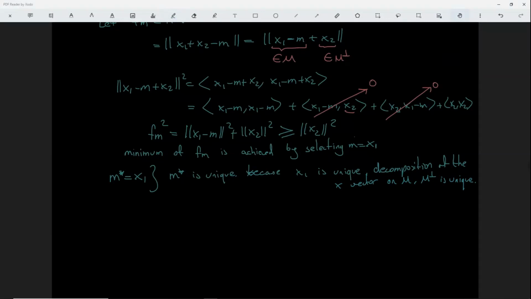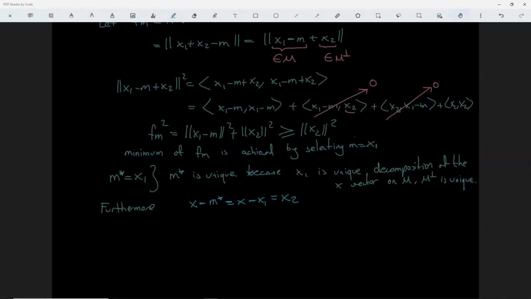One last remark: if I look at the difference of x and m star, which will be the error among all possible m's, that will be simply equal to x minus x1, and that is equal to x2, right?